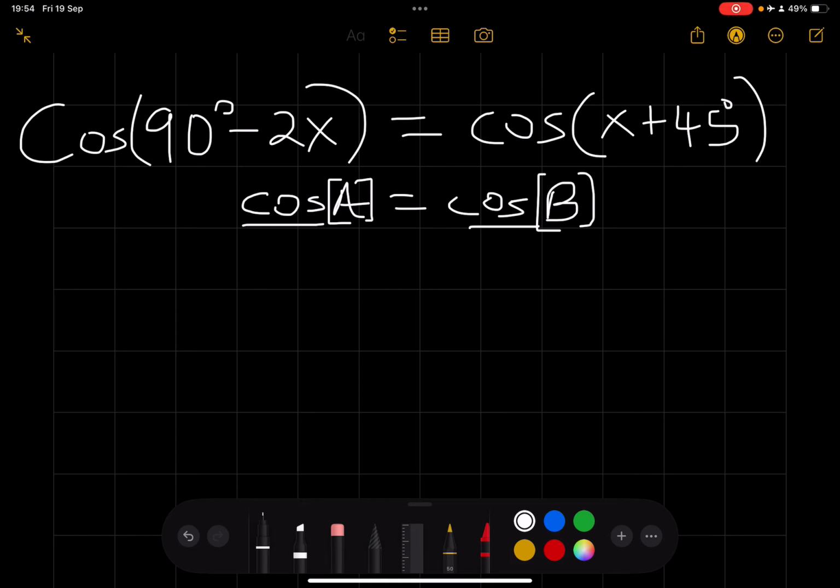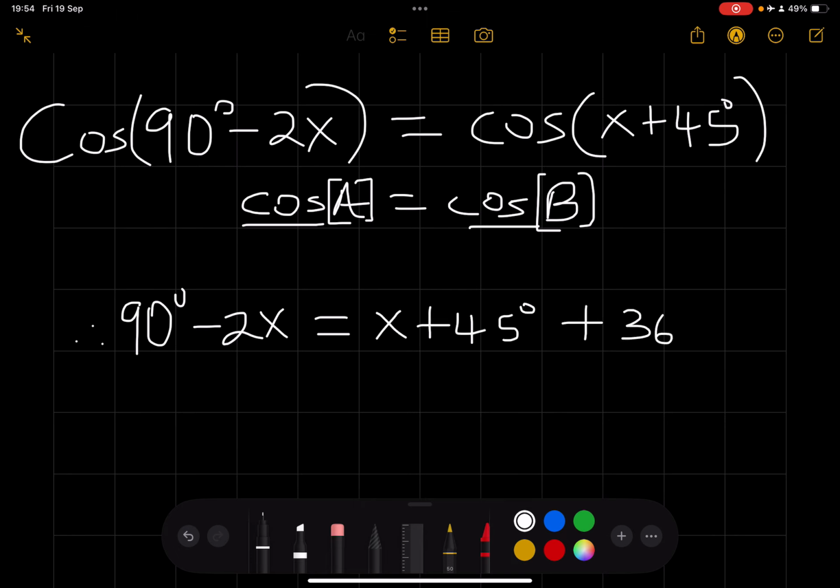So we're going to say, therefore, 90 degrees minus 2x equals x + 45, then you must include plus 360 degrees k to show that it's repeating every 360, and k is an element of Z.